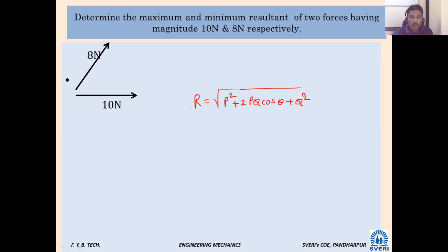To have this R maximum, what should be the value of theta? This term should become what? Are you understanding or not? What am I saying? 2PQ.